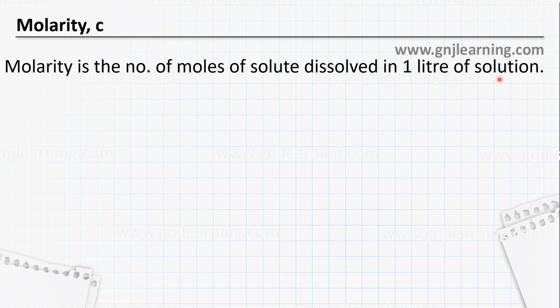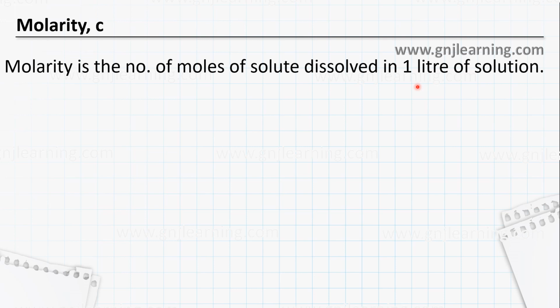Not solvent, make sure it is solution. So you dissolve solute in a solvent, and after that you will get the solution. In that solution, if you take 1 liter of solution, how many moles of solute are dissolved in it? That's called molarity of that solution. Clear? So it is the number of moles of solute dissolved in 1 liter of solution.